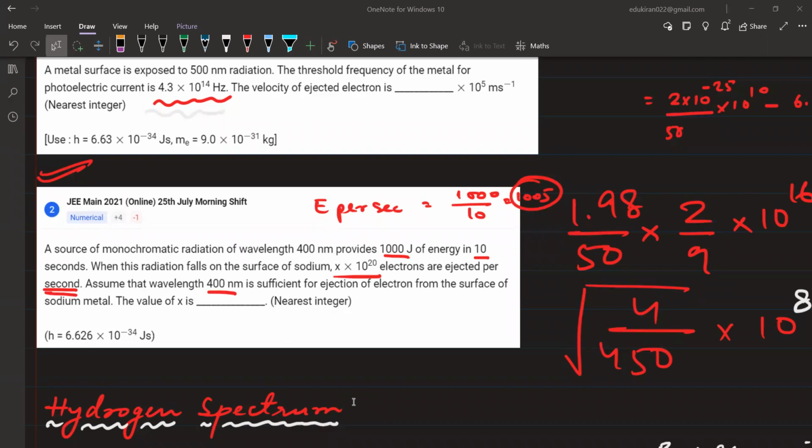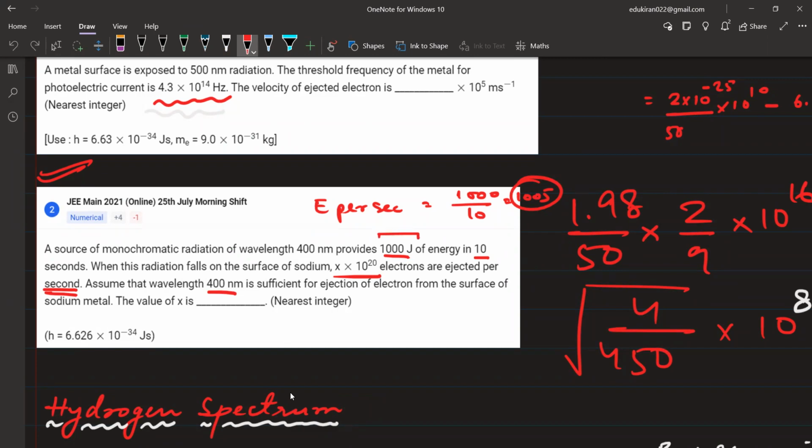So what equation do we use for this? For this one, they are giving this many joules of energy, and per second x into 10 to the power 20 electrons are ejected.